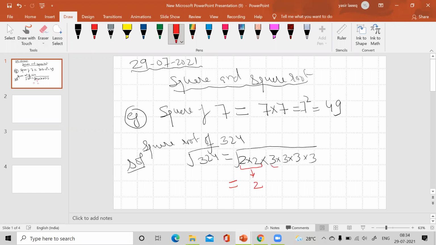Make a pair of this and take 1 three out. Make a pair of this and write 3 one time. Now this is important, there is no need to put the under root sign here. Then what will be the answer? It comes out 18. 3 times 3 is 9, and 9 times 2 is 18.